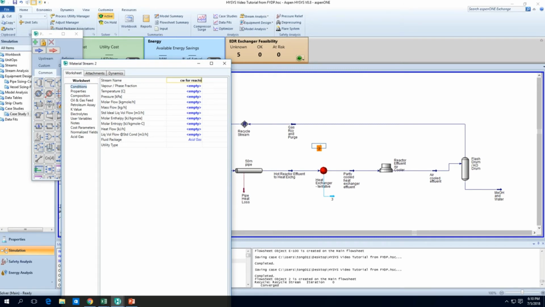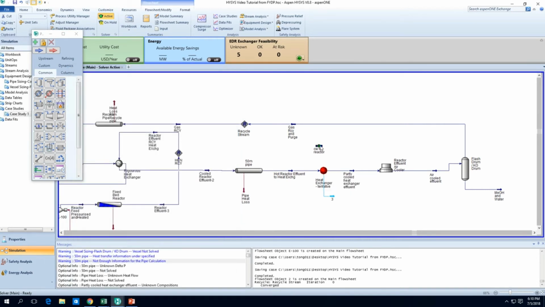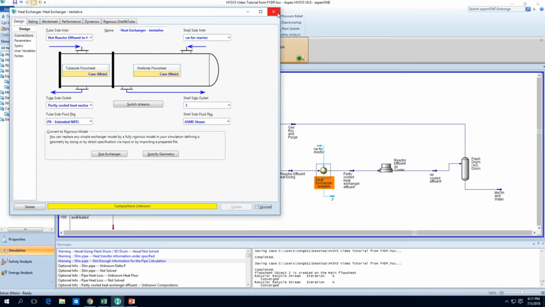Reactor, cooling water for reactor, I just put at CW. Okay, it's completely liquid, so vapor phase fraction 0. It's going from 32 at about 150 kilopascals. Okay, shouldn't be 150, 250 then, because it'll be dropping by about 100 kilopascals, but actually it's not that much even. So 150 kilopascals.